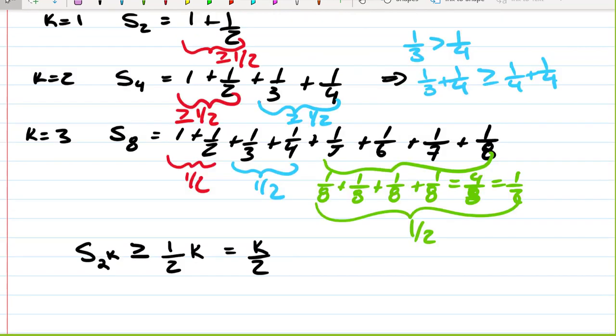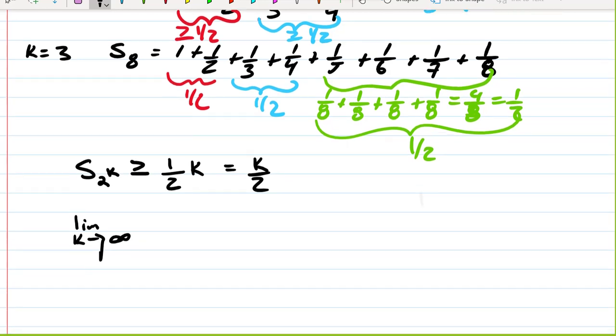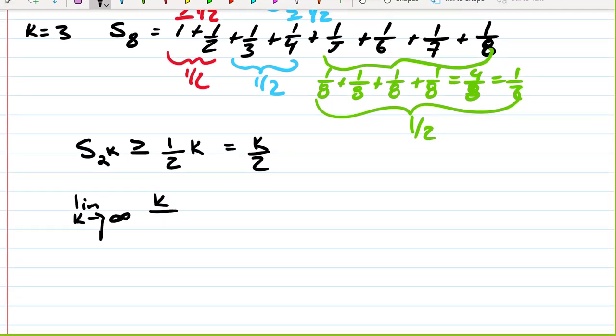All right, so we have s sub 2 to the k, that subsequence, is greater than or equal to 1/2 times k, which is k over 2. So now if we take the limit as k goes to infinity of k divided by 2, this equals infinity. So this diverges.